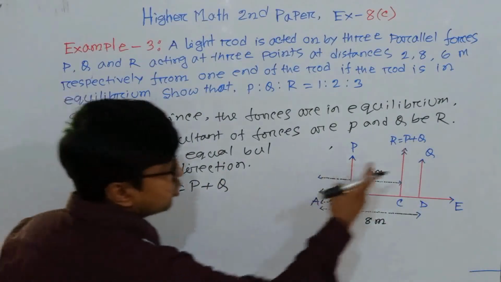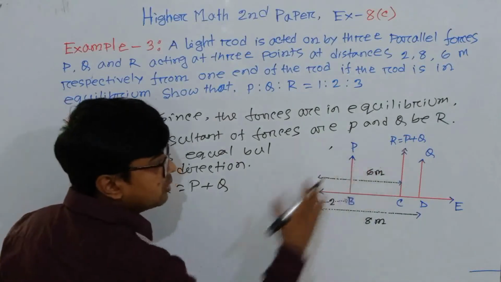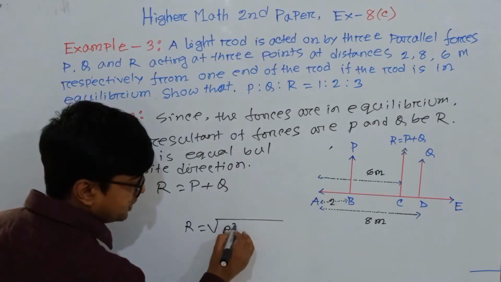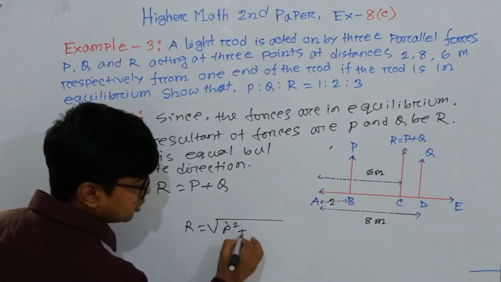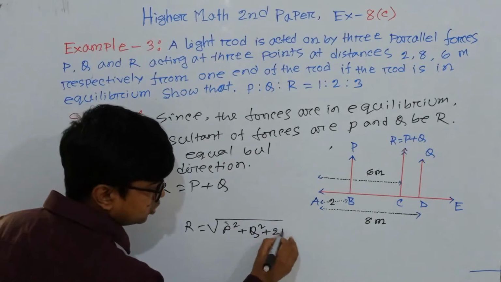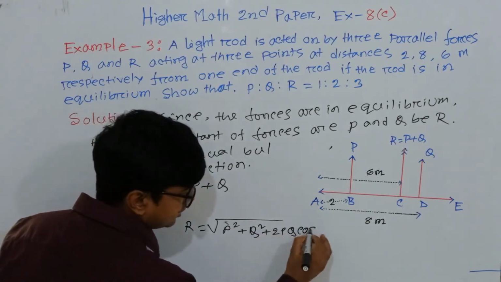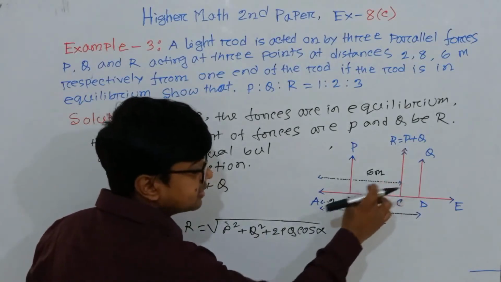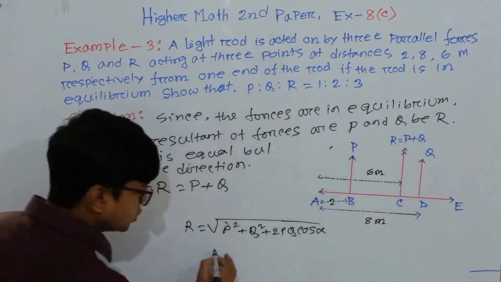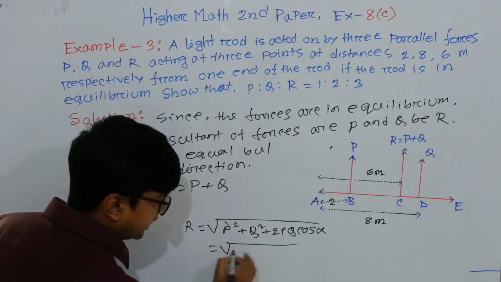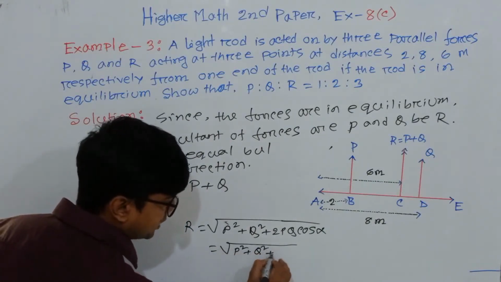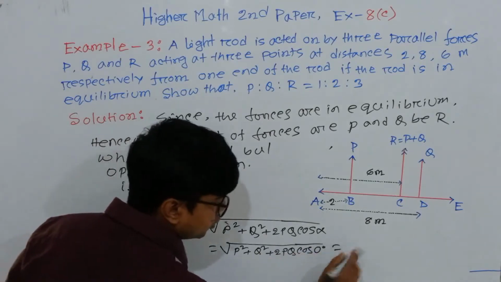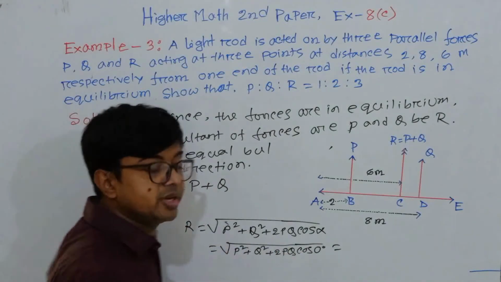So we can write from the parallelogram law of forces: R equals square root of P squared plus Q squared plus 2PQ cos alpha. Alpha means the angle, here 0 degrees. So we know that cos 0 degrees is 1.